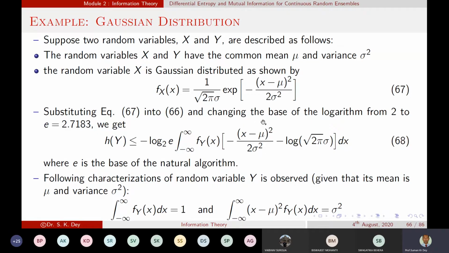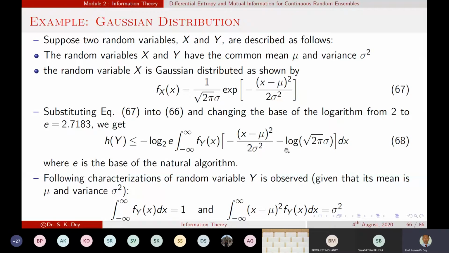In term 1, 1 by 2 sigma square is a constant. So if we take it outside of the integration, what will be there? The log base 2 of e multiplied by minus 1 by 2 sigma square, integration from minus infinity to infinity of f y of x into x minus mu whole square dx.